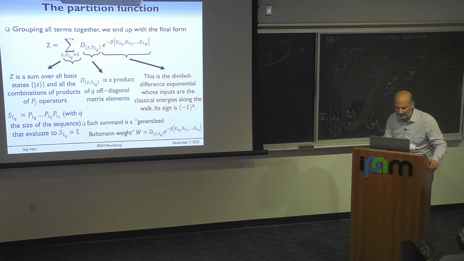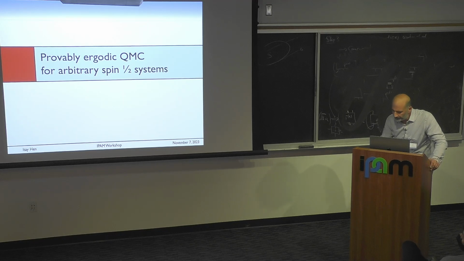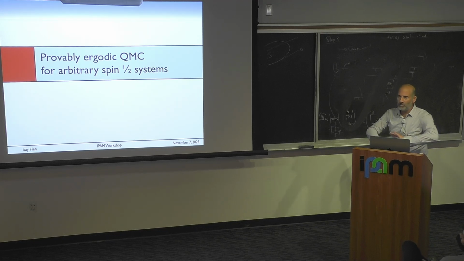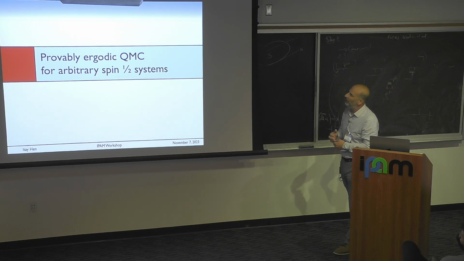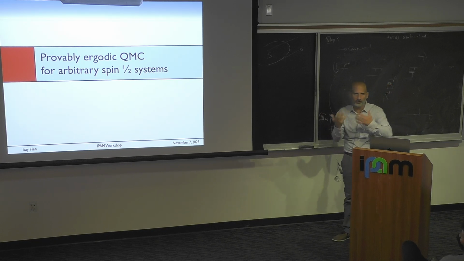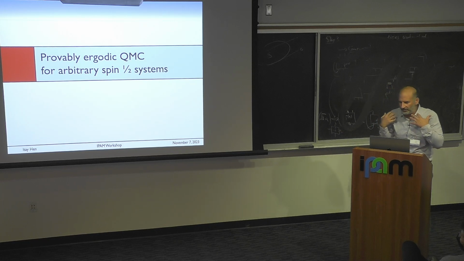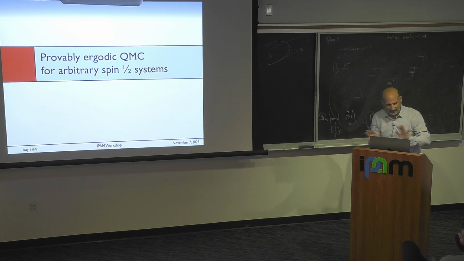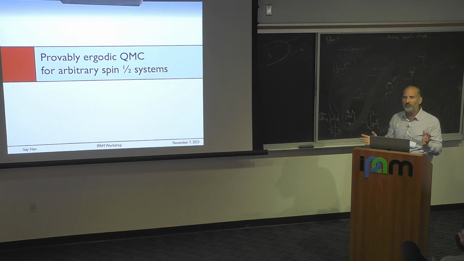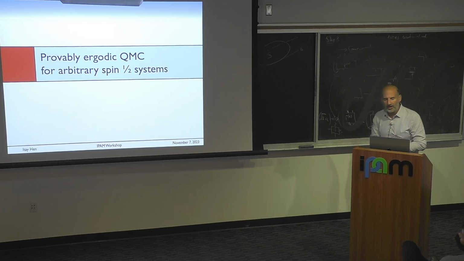We analyzed that. It's not here, but anyway, I showed you simply how to write a partition function as a sum of configurations, and I haven't used any parameters. There's no parameters. No approximation, no parameter, no nothing.